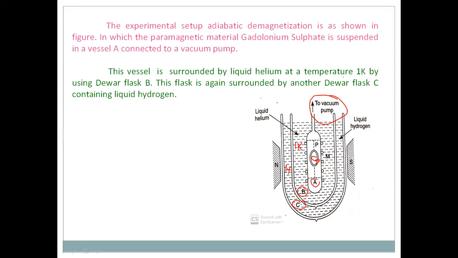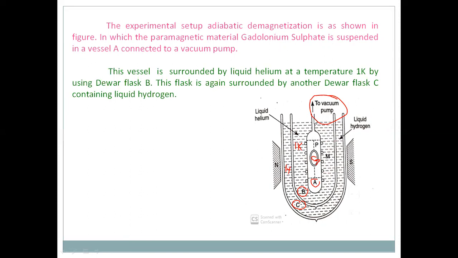So in the center, there is gadolinium sulfate placed in vessel A. This is surrounded by one more Dewar flask B, where the temperature is 1 Kelvin, filled with liquid helium. This is surrounded by one more vessel C, filled with liquid hydrogen.